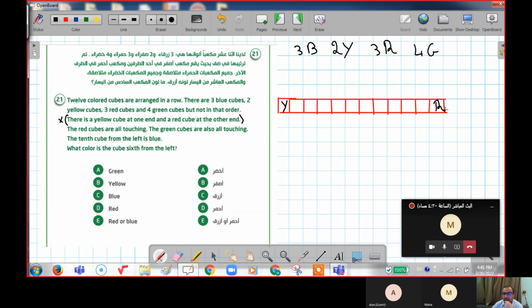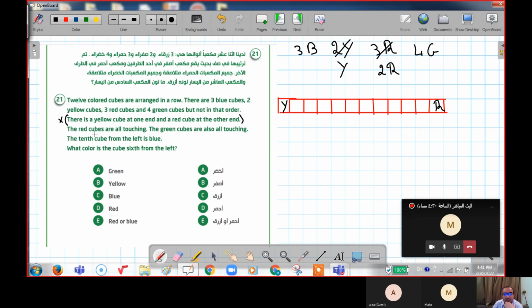Okay, so this one. So we still have 1 yellow and 2 red. Okay, Maha? So this is the first expression.